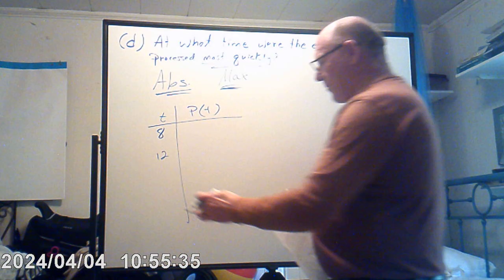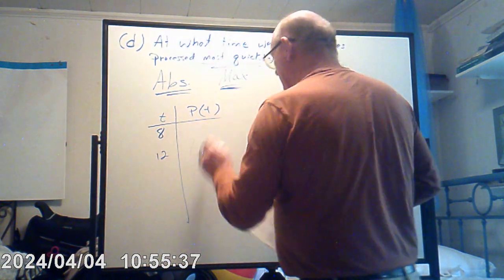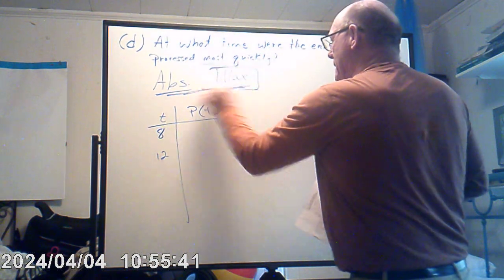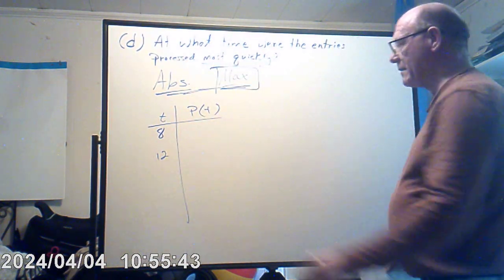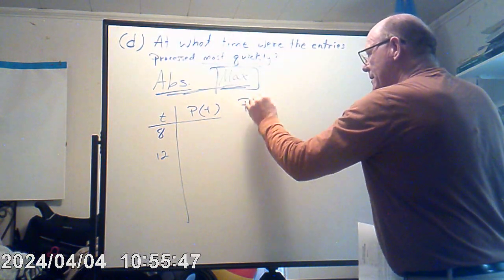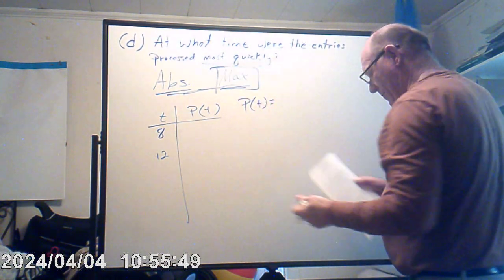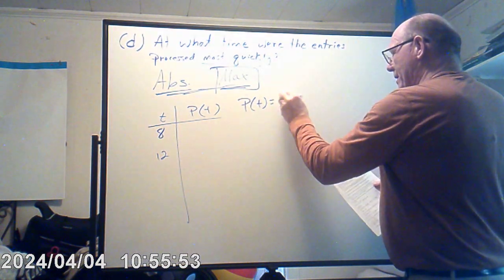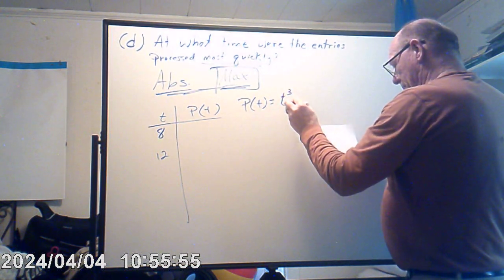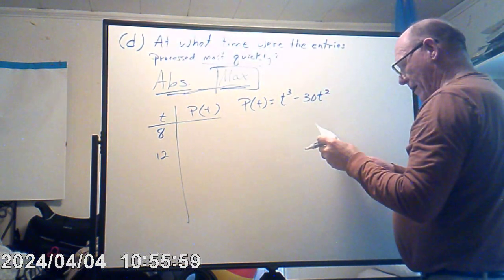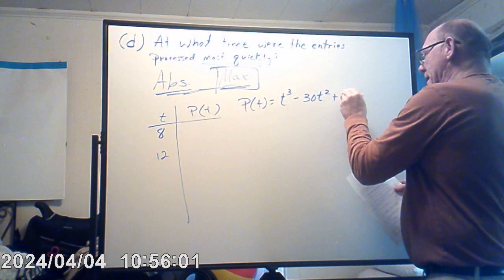Then now we have to find some critical numbers, which means that when we look for a max, what are we supposed to do? Whatever P at T is, I'm going to go ahead and just write it down from this side. We said it was T cubed minus 30T squared plus 298T.